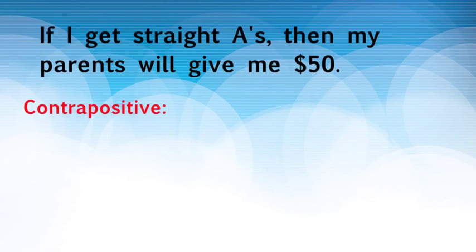Okay, so now the last thing is we're going to do our contrapositive. Contrapositive, it's kind of like a mixture of the two. So we're going to put the conclusion first, then the hypothesis, but we're also going to negate it, so make it not true.